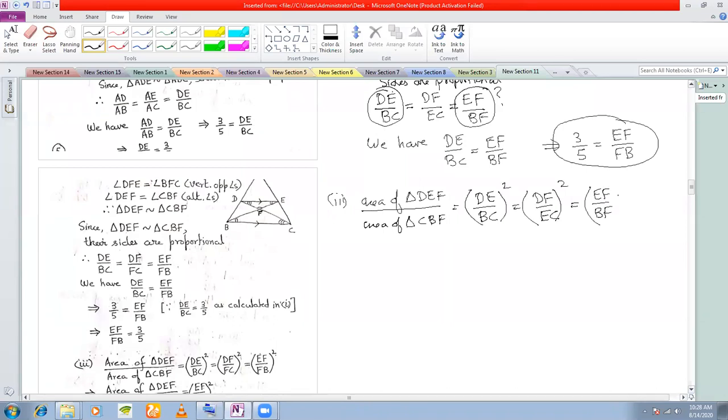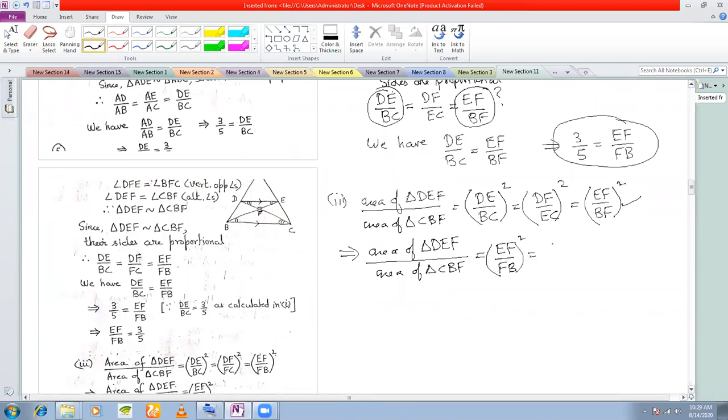And which one will you take? Which ratio do you know? I think you know this one, EF by BF or EF by FB. So we'll take this. That means area of triangle DEF divided by area of triangle CBF is equal to EF by FB whole square. And what is this ratio?